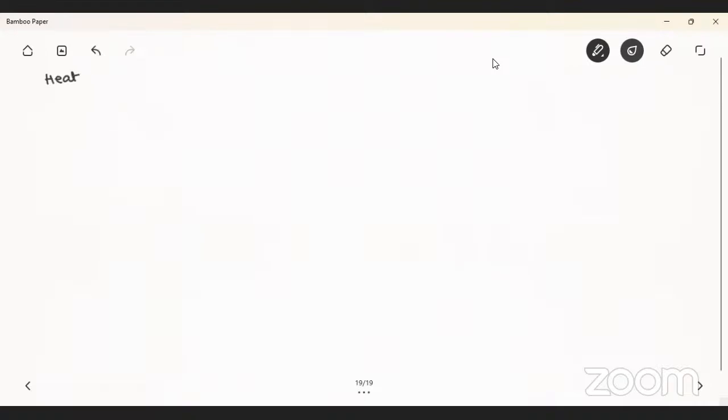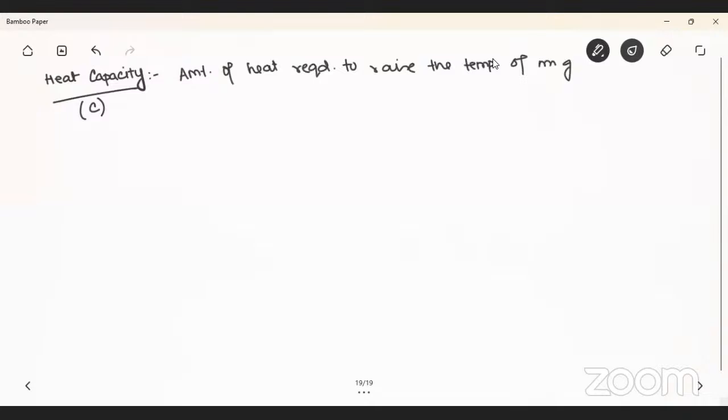What is heat capacity? Heat capacity is represented as C. The amount of heat which is required to raise the temperature of m of any substance by 1 degree Celsius. This is the book definition.